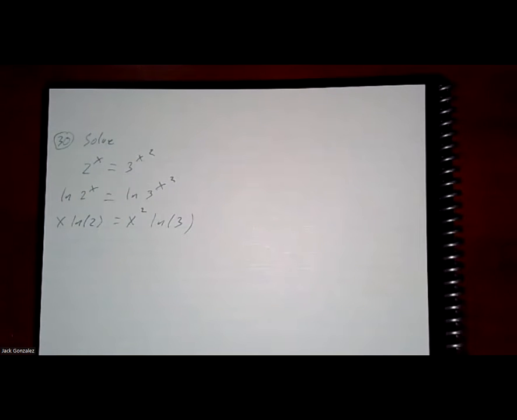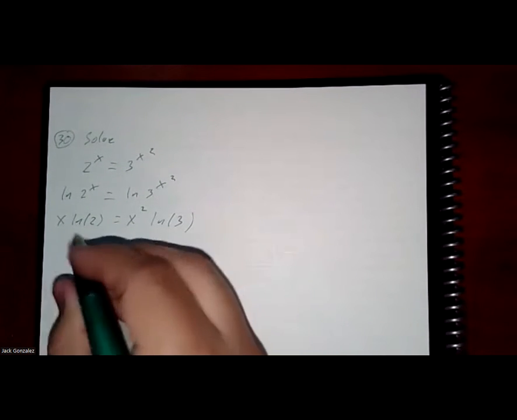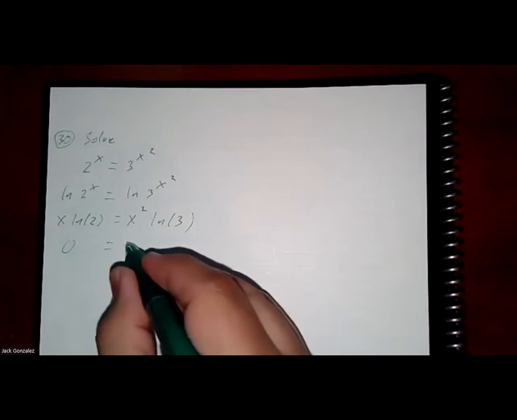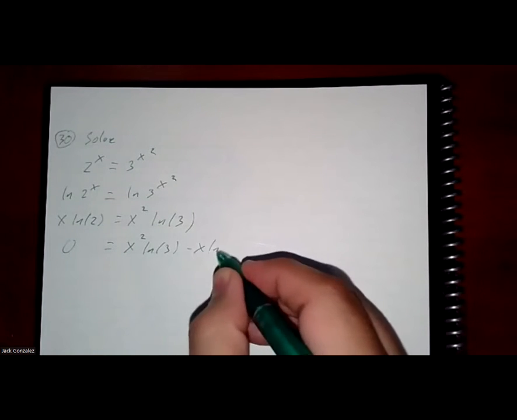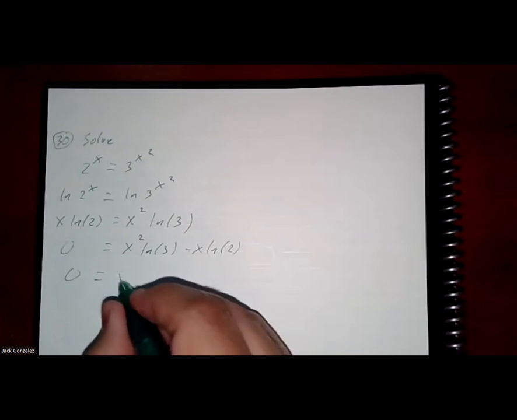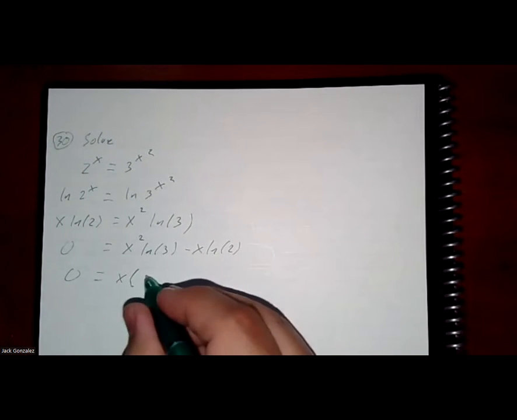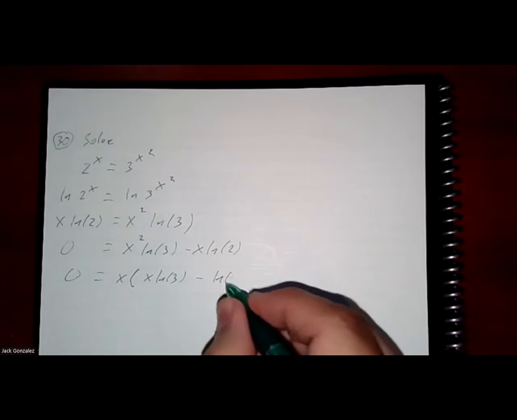Interesting. Subtract the x. I'm going to subtract this over here. So I have x squared ln 3 minus x ln 2.